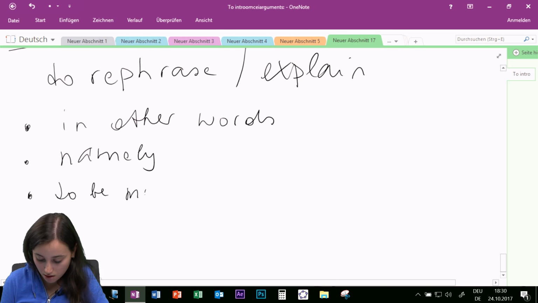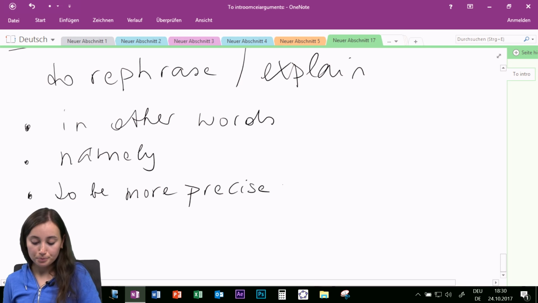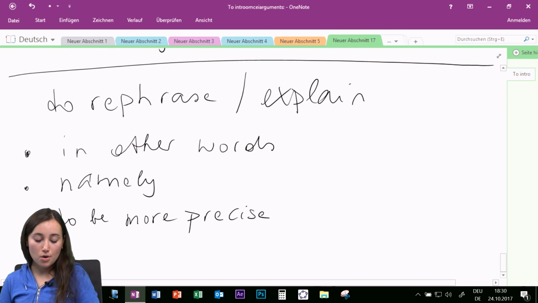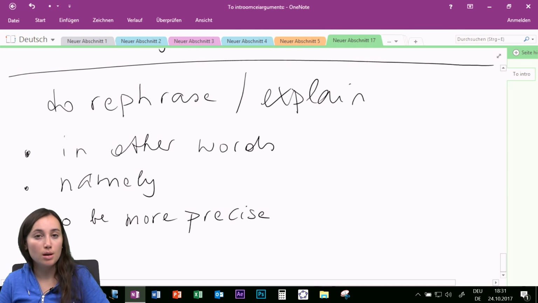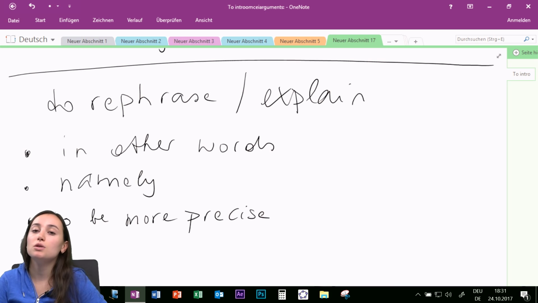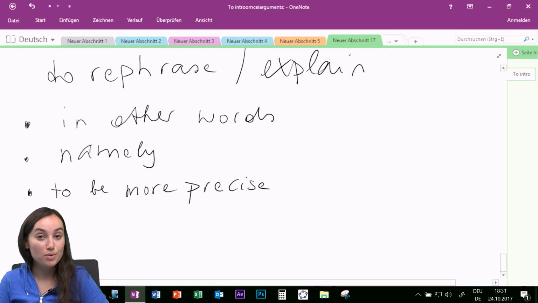To be more precise. So, as I already mentioned before, it's really important for you to emphasize your ideas, and this can also be made by repeating your ideas, but not in the same words. Maybe you should try to paraphrase, also umschreiben. You should try to paraphrase it a little.